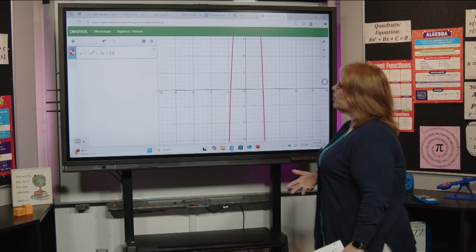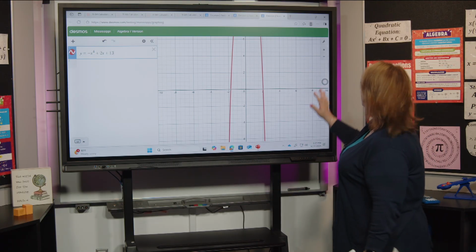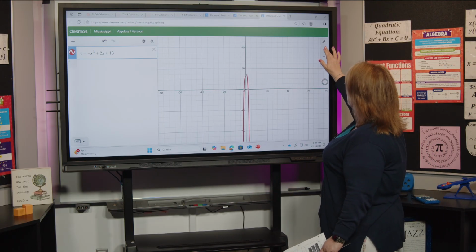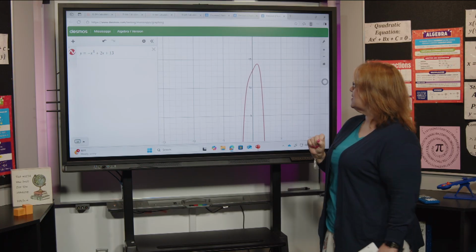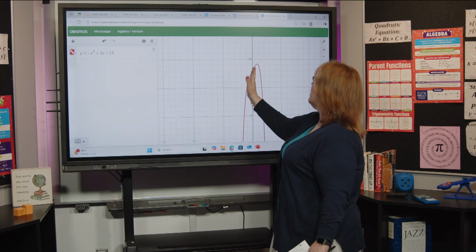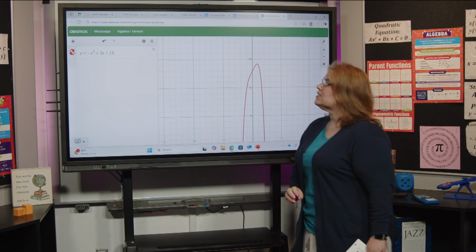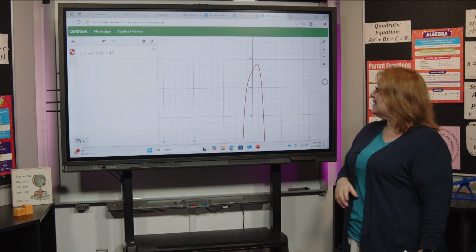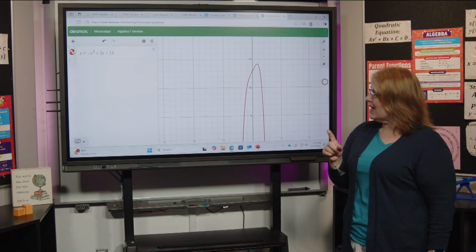Now, Ms. Killen, that looks like a parabola, but does it though? Oh, no, it does not. Because we're going up, now we're going over, and then we're coming back down. So where it may look like a parabola, it's not exactly a parabola. So you got to make sure.